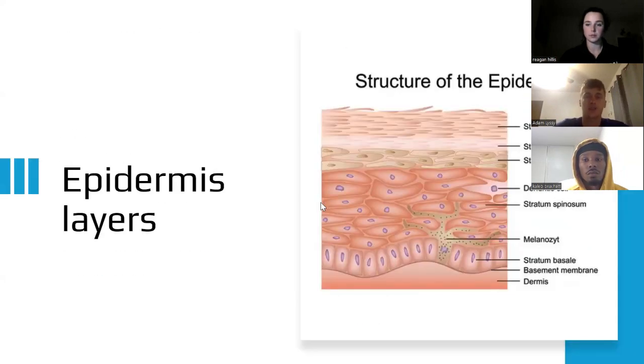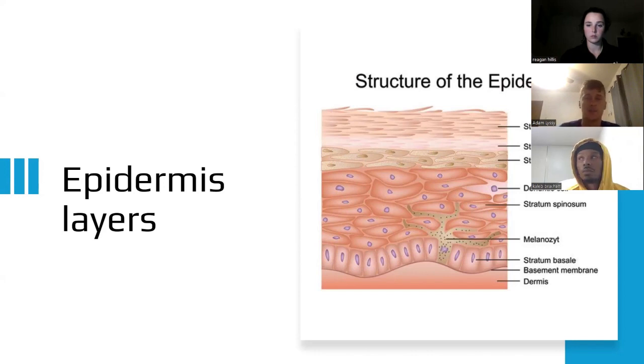And you also have the stratum granulosum, which produces a fatty mixture that makes the skin waterproof so the body doesn't absorb whatever water you put on it. It also cuts off nutrients to the other cells, making them die. They're not going to be provided nutrients past that point.